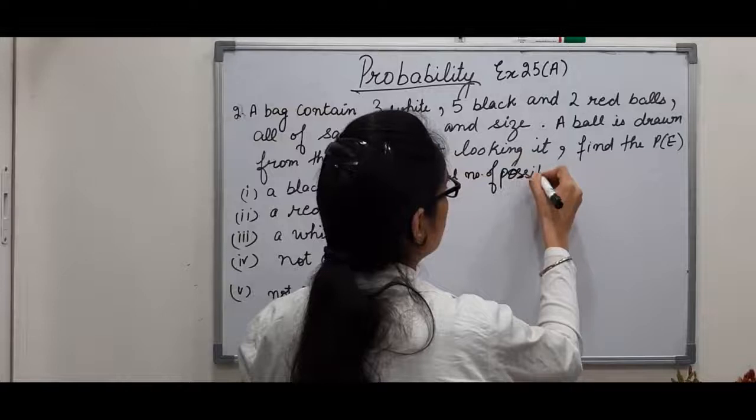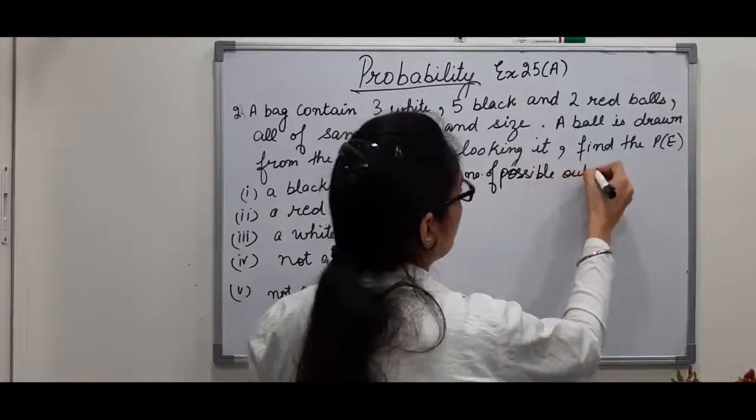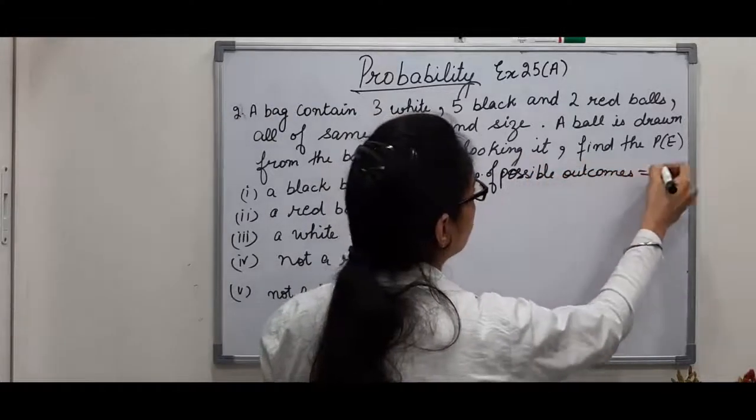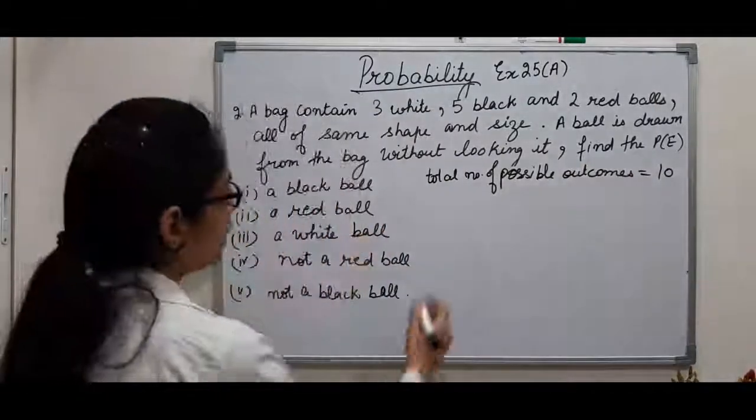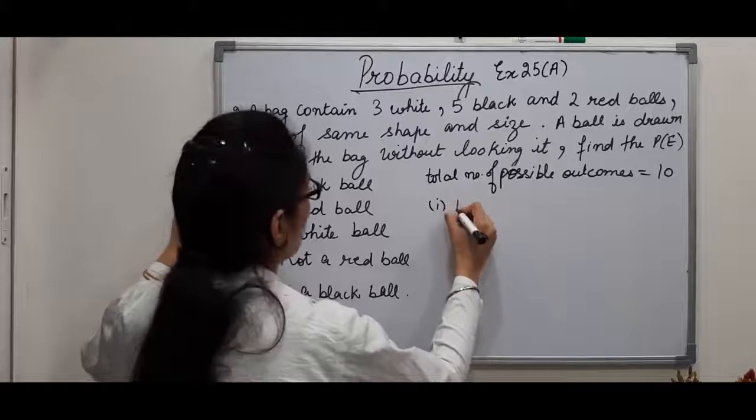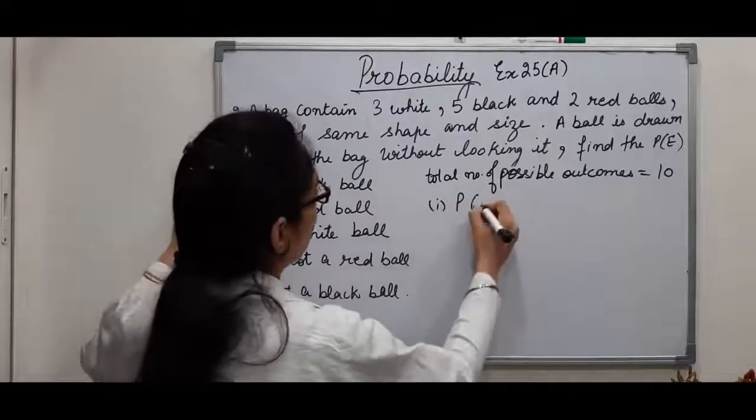So this is the first step of doing sums of probability. Now let's start. This is the main thing which we require. Now, for the first part, we will find the probability of getting a black ball.